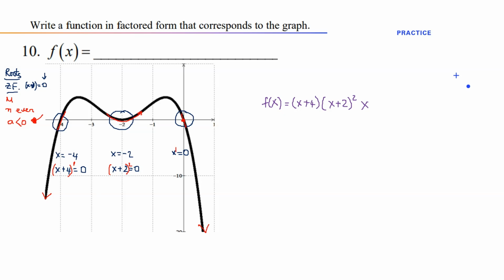And remember a is negative, so we need the negative sign here. So we'll have negative x plus 4, x plus 2 squared, times x.